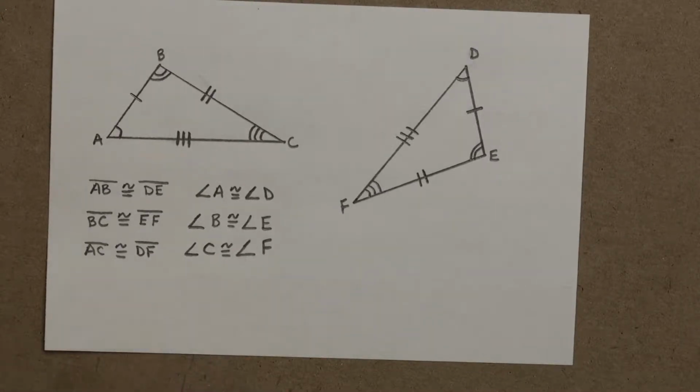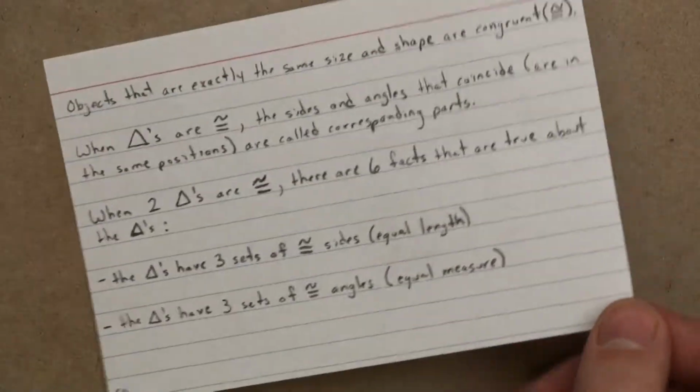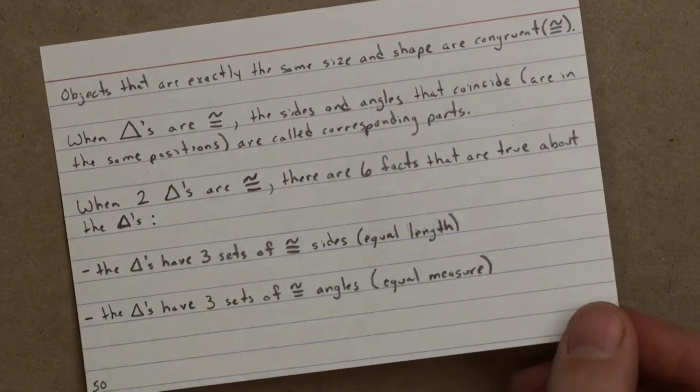All the sides and all the angles are congruent in congruent triangles. Okay? Let me see if there's anything else I want to add. Okay, that is good enough for the first card on congruent triangles. Okay, so let's put that aside.